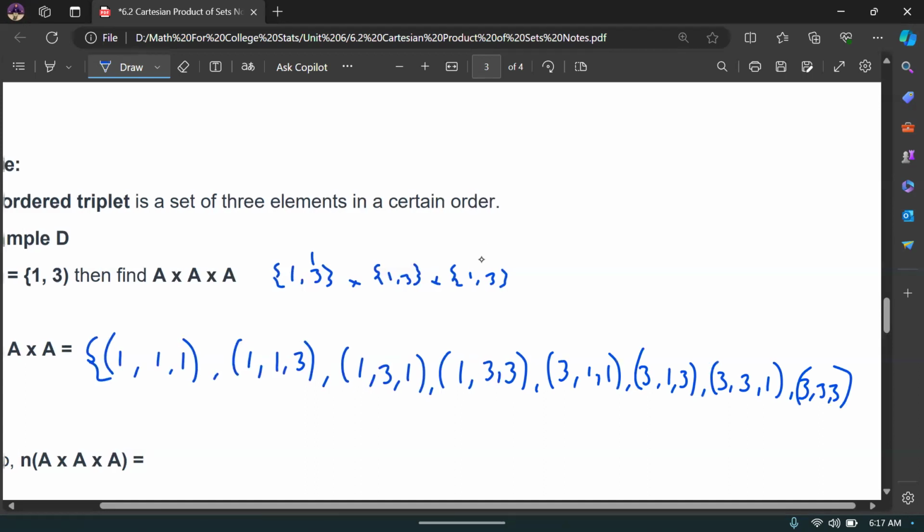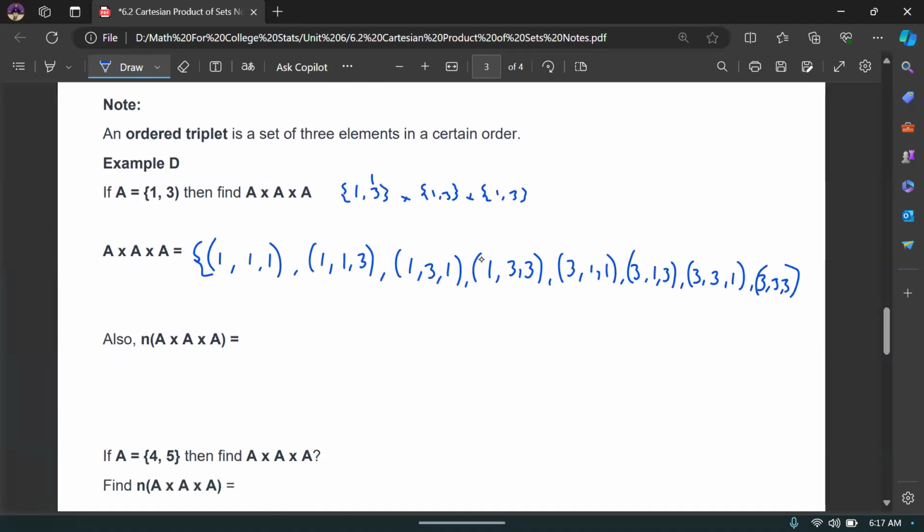Ordered triplet. Now, it's interesting, again, the number of elements of A times A times A. Well, remember, it's the number of elements in A times the number of elements in A times the number of elements in A. Well, there are 2 elements in A. So it's 2 elements times 2 elements times 2 elements. And 2 times 2 times 2 is 8. And you'll notice, how many ordered triplets did we have here? You count our triplets, we had 1, 2, 3, 4, 5, 6, 7, 8.